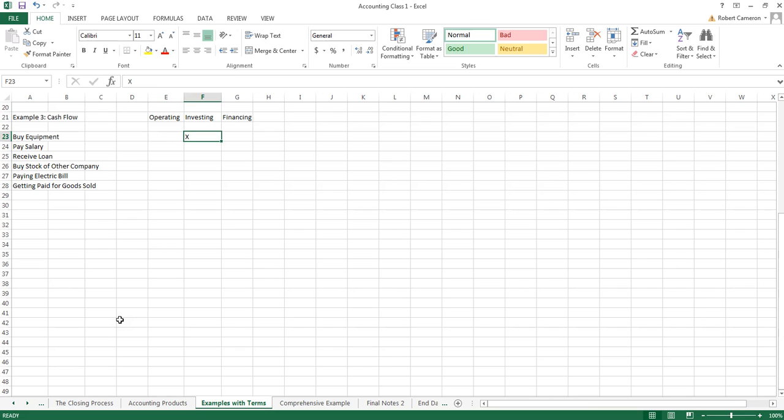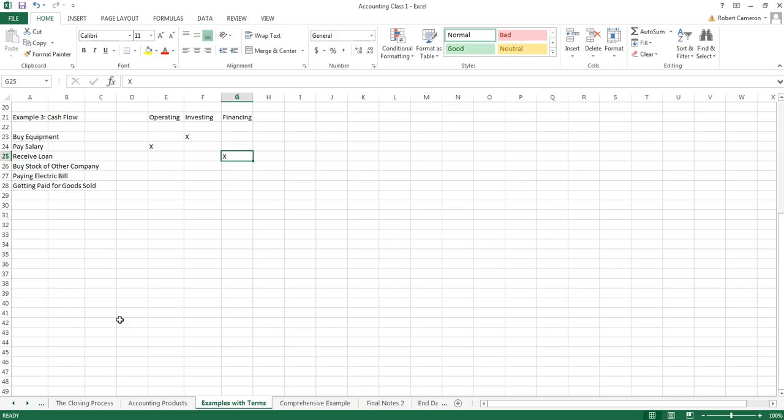You're buying this equipment, we're building a better business. You pay a salary. What's that? Operating. Cash paid to employees is part of the core business. We have to pay employees to do work so we can run this business. That's operating. You receive a loan. Well, that's financing.